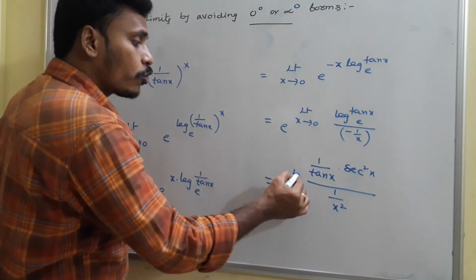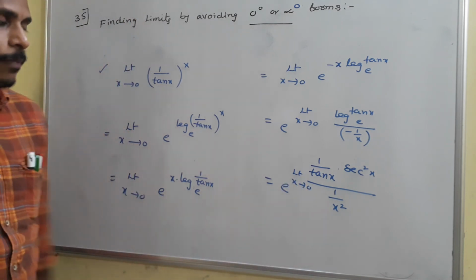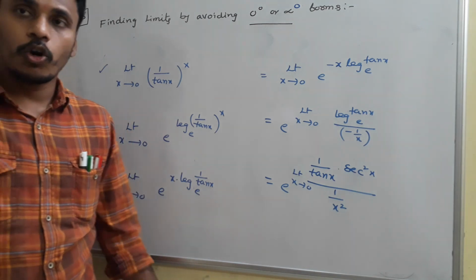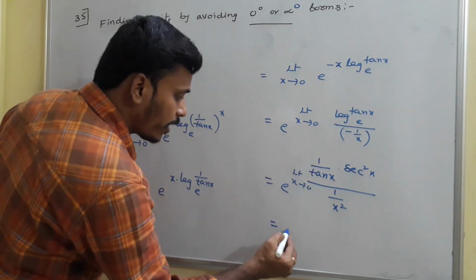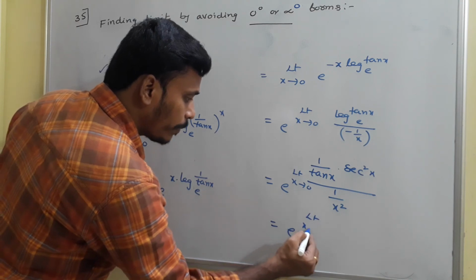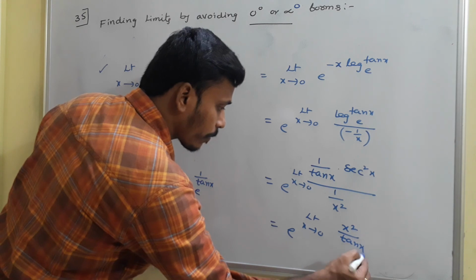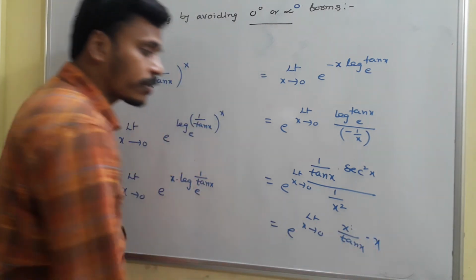And the limit x tends to 0 is already there. Now try to simplify. As x tends to 0, secant square x is 1 because cos 0 is 1, secant 0 is 1, and x square comes to that side. So e power limit x tends to 0 of x square by tan x, and this can be written as x by tan x into x.